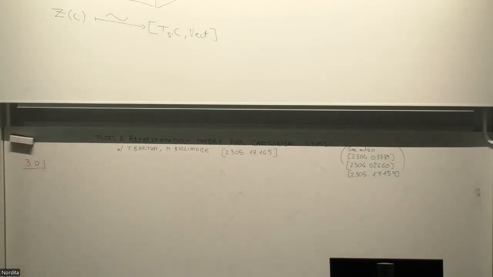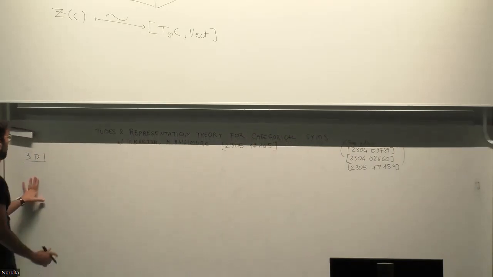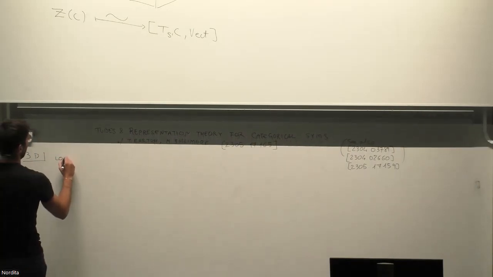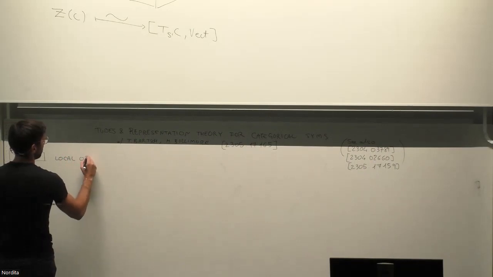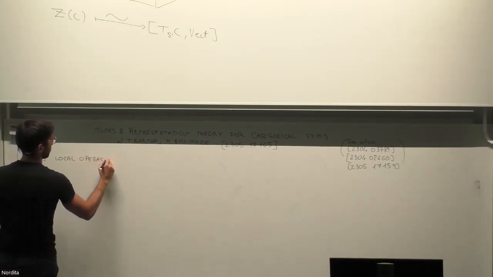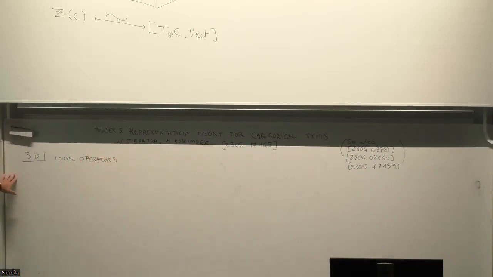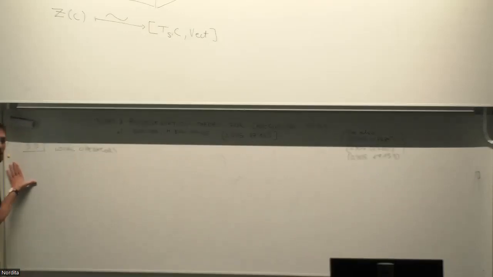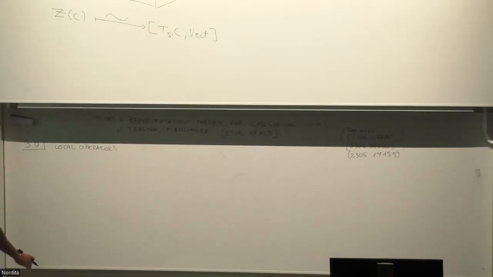Okay, so let me now go to the 3-dimensional world and let me focus on local operators. In this case, the pictures are again very similar to what we describe in the 2-dimensional world.